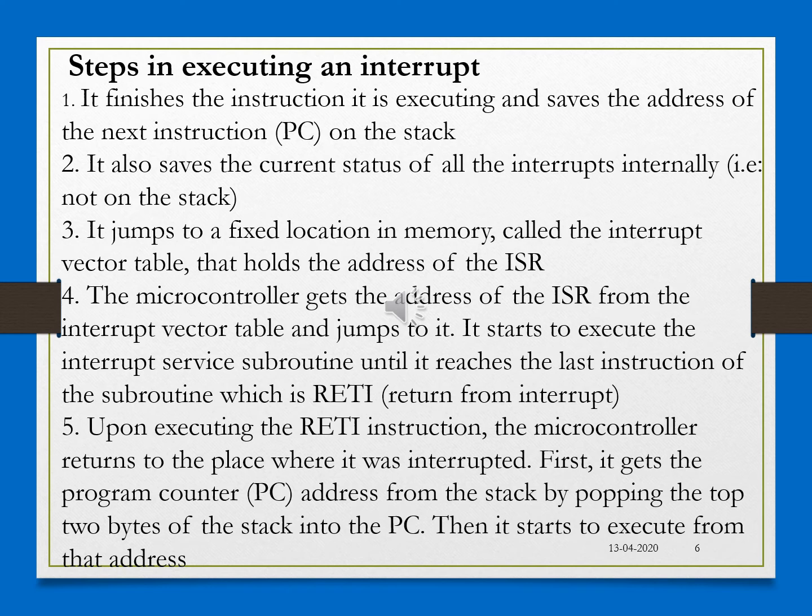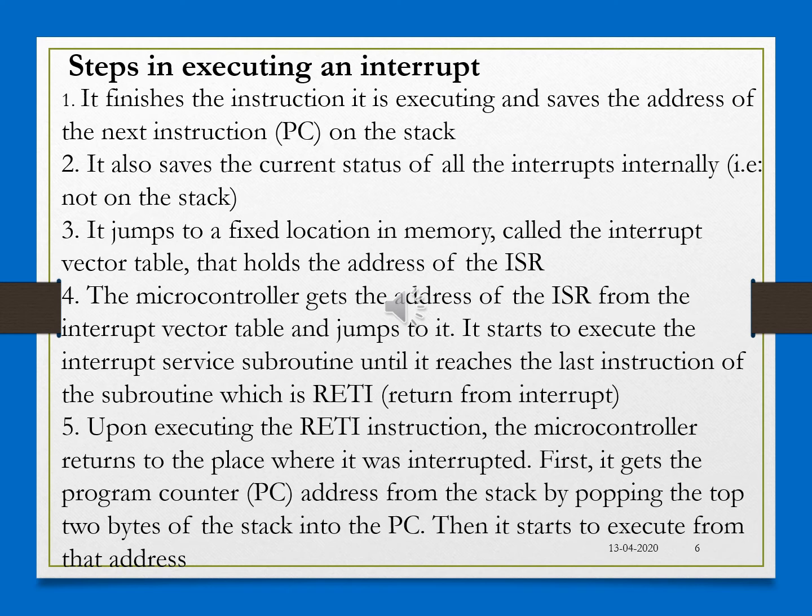The program counter will already be pointing to the next instruction which has to be executed, so that next instruction address will be pushed onto the stack. It also saves the current status of all the interrupts internally.